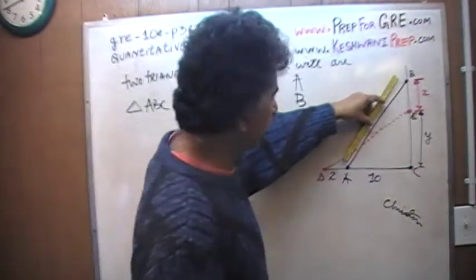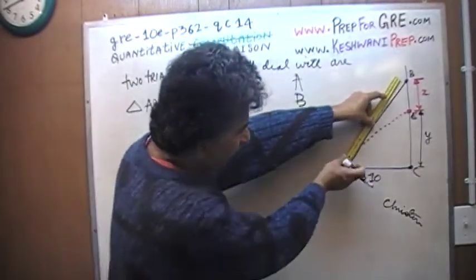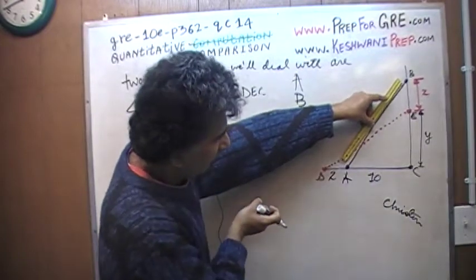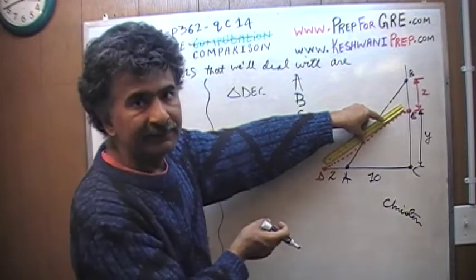There you go. Here's your ladder. The ladder is 20 foot long, and all we have simply done is I'm pulling the ladder towards me, and as I pull, the ladder slides down, and now it's sitting like this. But it's the same ladder.